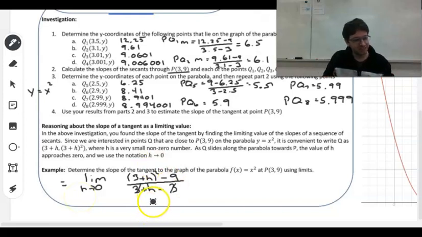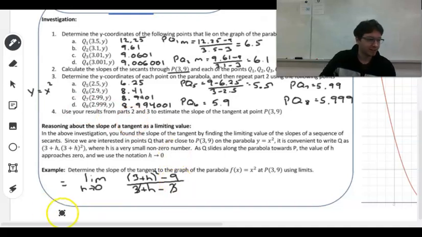Now, if we simply sub in h equals 0 into this equation, we have a huge problem. You can probably see that on the denominator there. You're going to end up dividing by 0. But let's play with it a little bit here. So our slope equals the limit as h approaches 0.